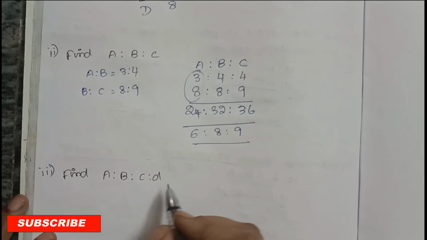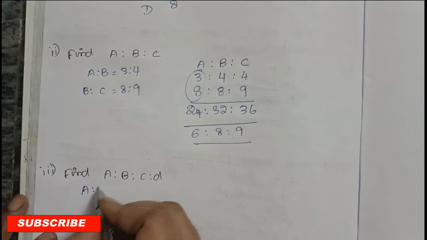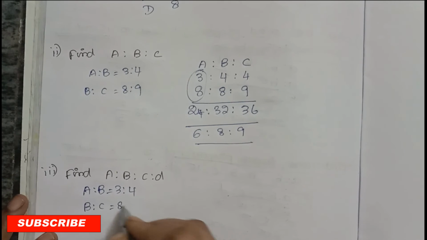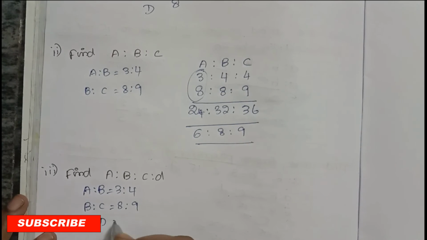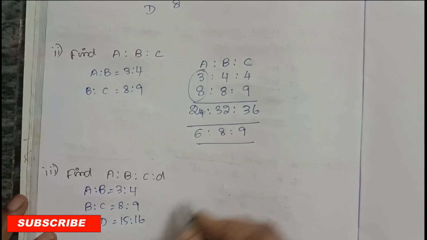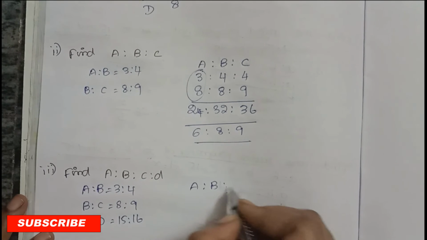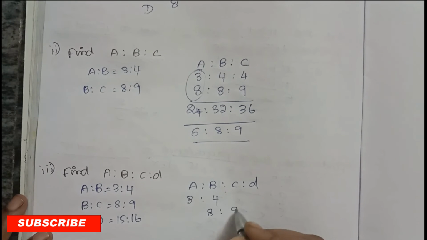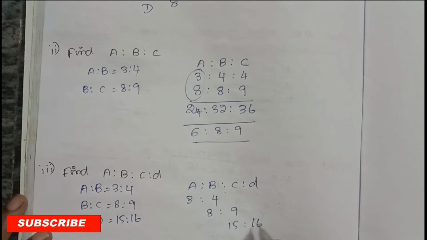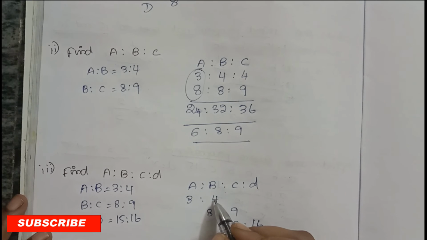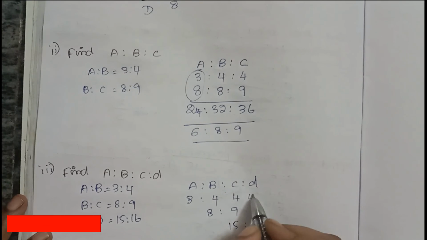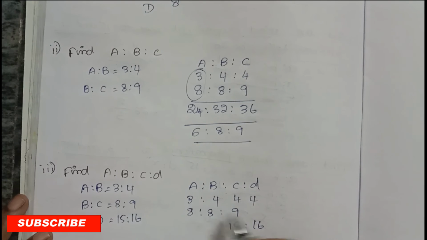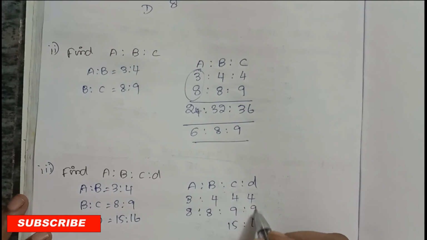Find A is to B is to C is to D. What is given is A is to B is 3 is to 4, B is to C is 8 is to 9, C is to D is 15 is to 16. A is to B is to C is to D: 3 is to 4, 8 is to 9, 15 is to 16. This 4 is also written in C and D, 8 also written in this area, 9 also written in this area.